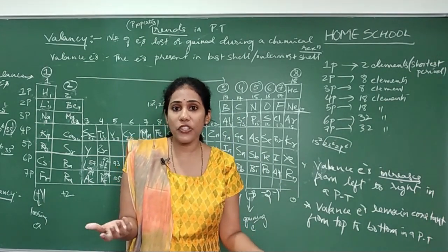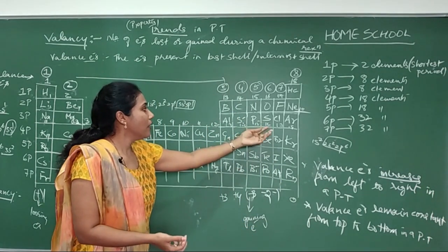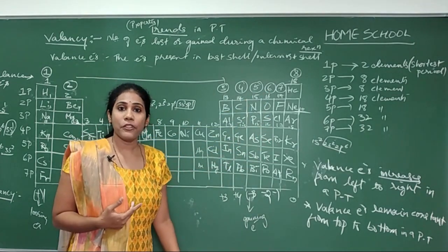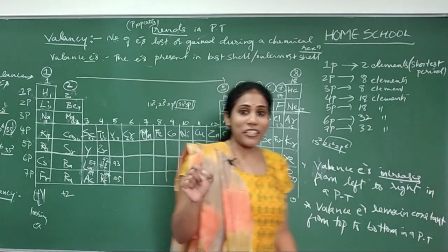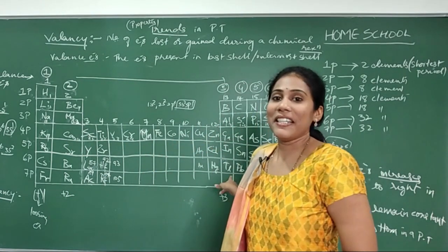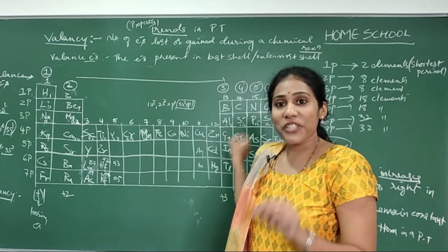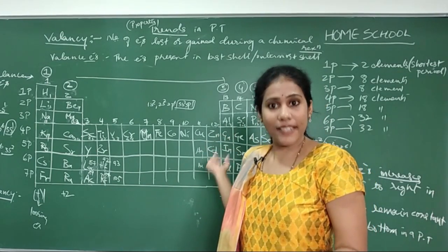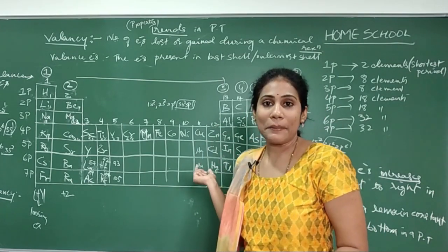Atomic number 16, which element? You should find out. Sulfur. How many valence electrons? Sulfur comes in the 16th group. How many valence electrons? 6. So, to answer such questions, you need to remember the periodic table. You must know which element's atomic number is what and where that element comes in the periodic table.